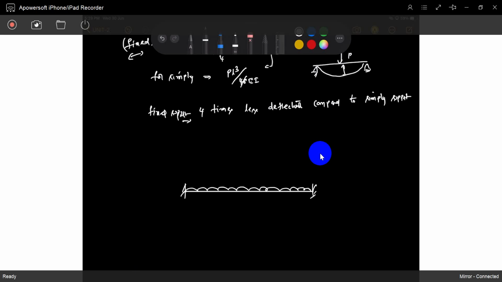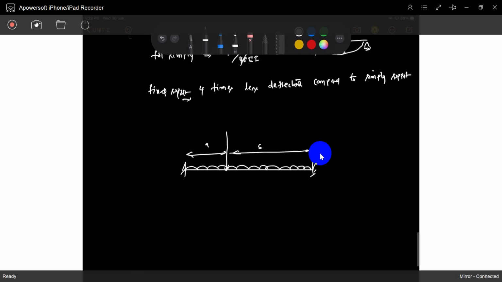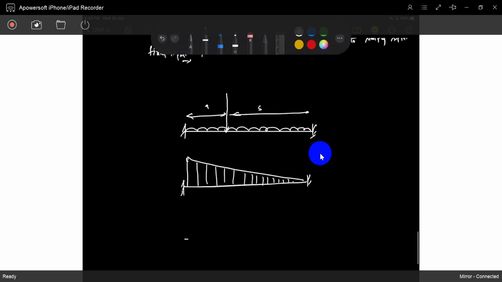Also tomorrow we will solve if the load is eccentric, not asymmetric, at some distance a from A and b from B. And also next, if uniformly varying load is applied, we will solve it. And next, if uniformly distributed load is acting only on some portion, we will solve it.